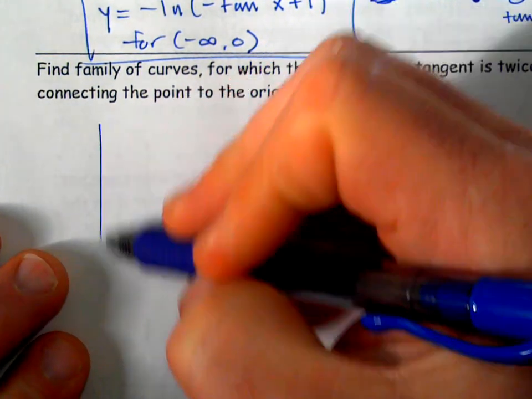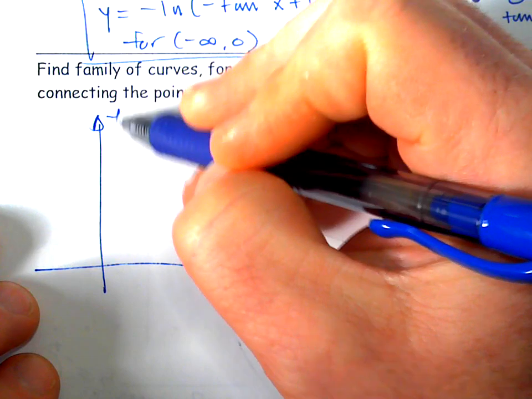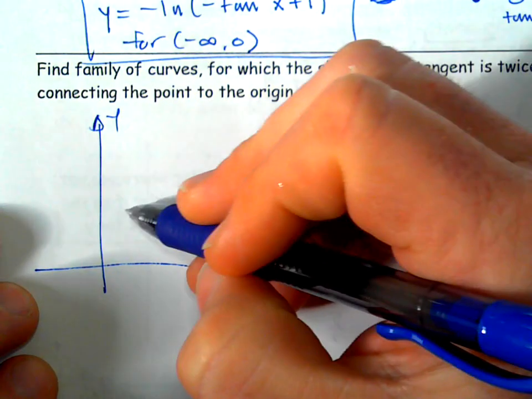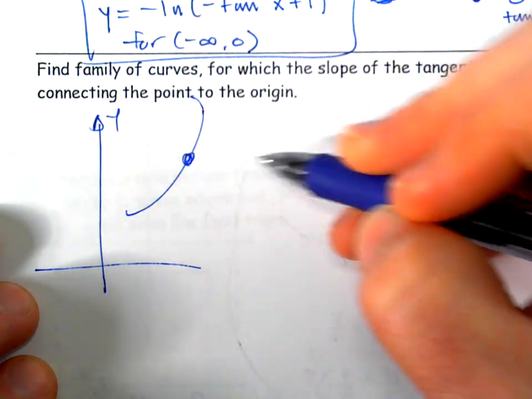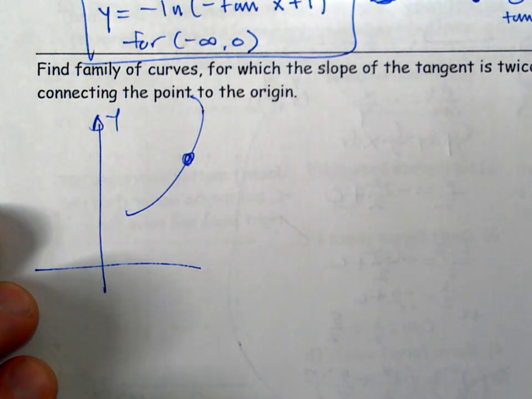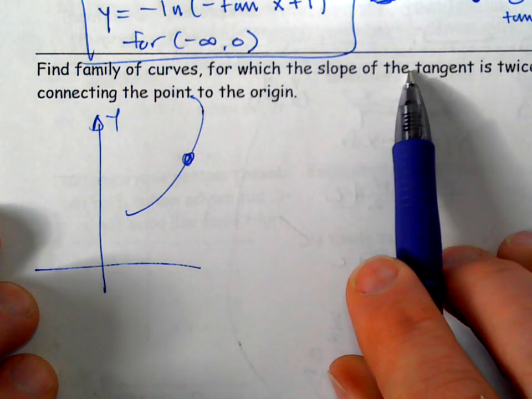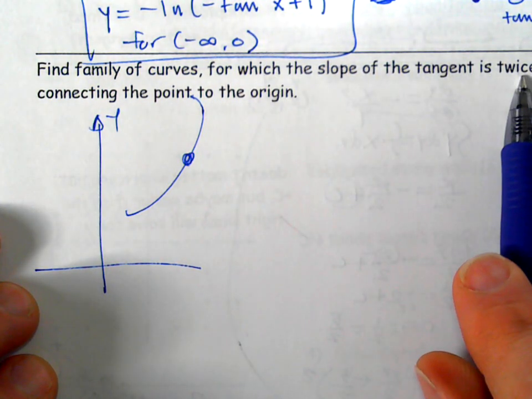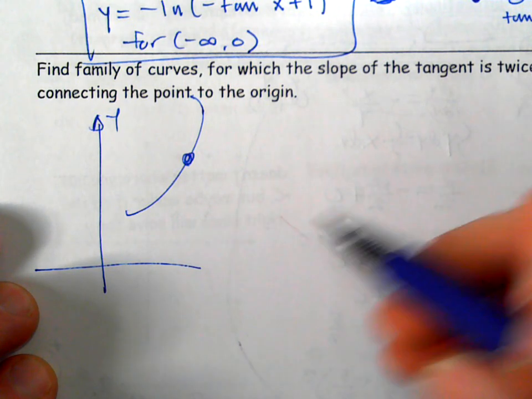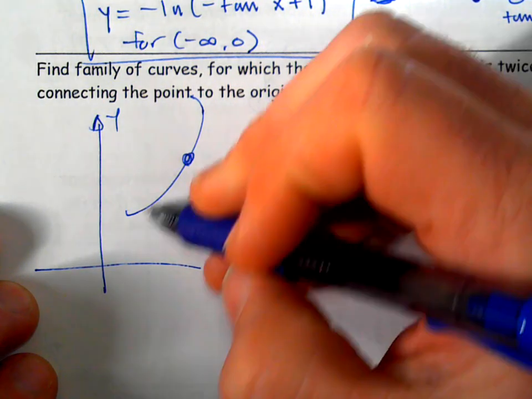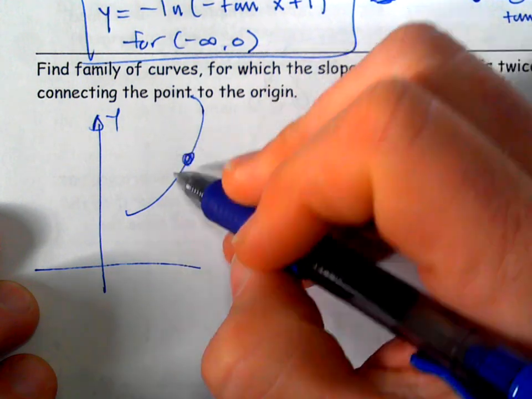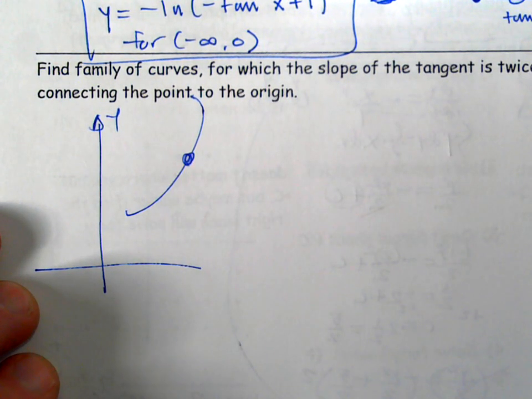Let's see if we can draw some kind of rough picture. We have some generic curve, and you have a point, and it says for which the slope of the tangent. Okay, so tangent, that's like a tangent line to the curve. So you have a tangent line to the curve, twice the slope of the line connecting.